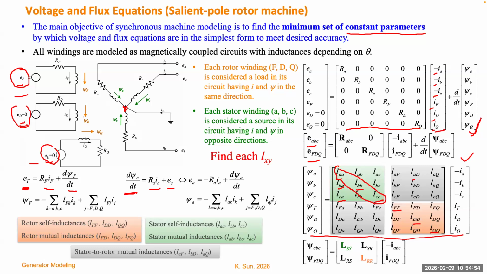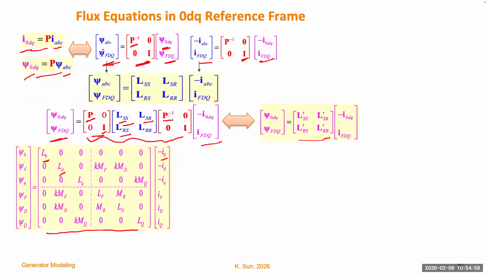After transformation, in the D axis they become just this single inductance, and in the Q axis they become LQ. So those self-inductances for AA, BB, and CC now become just two components.